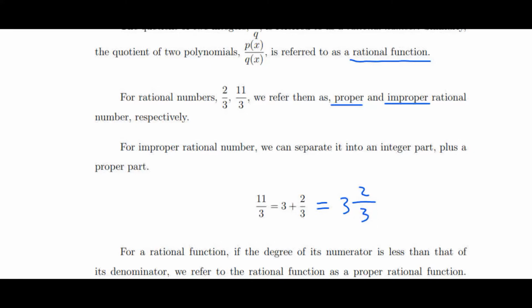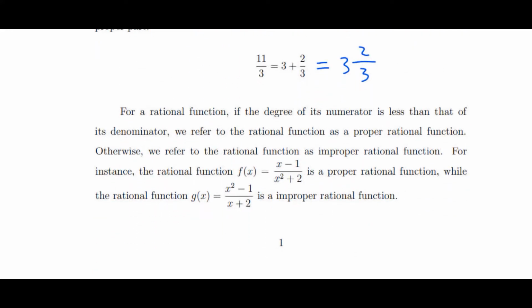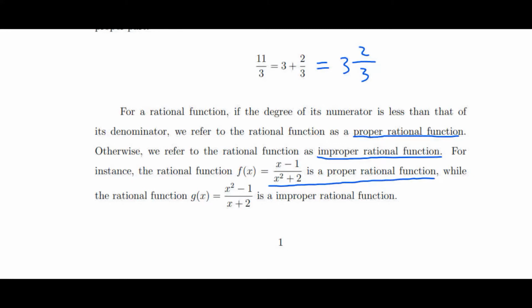So for rational functions, we also have proper rational function and improper rational function. So how can we separate them? So we say like this function is a proper rational function, and this one is improper. So you can see how we can separate proper from improper, right?